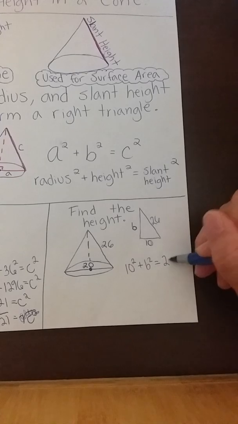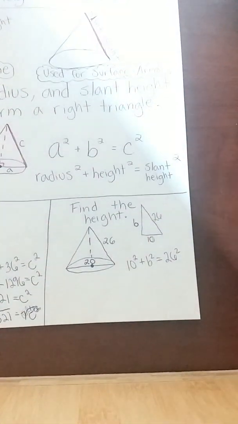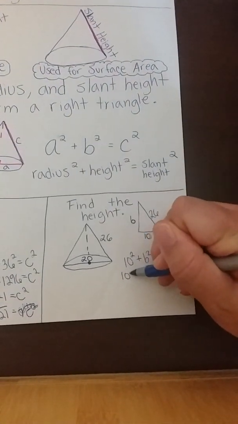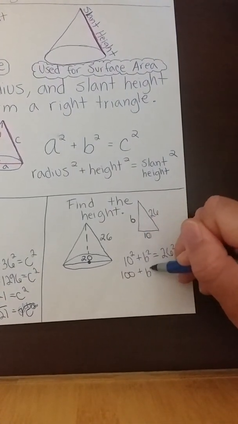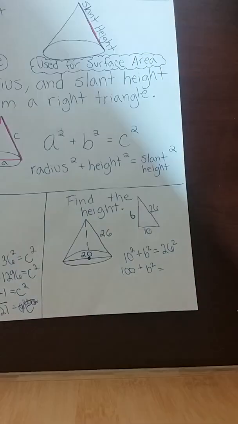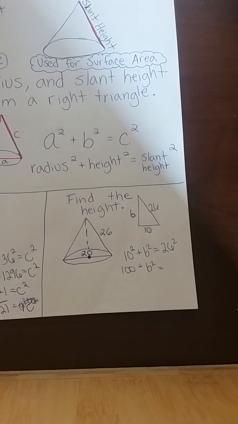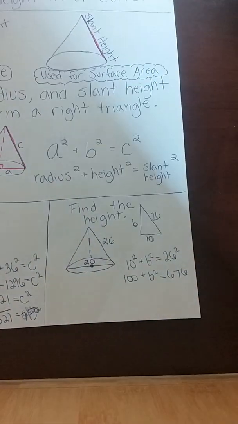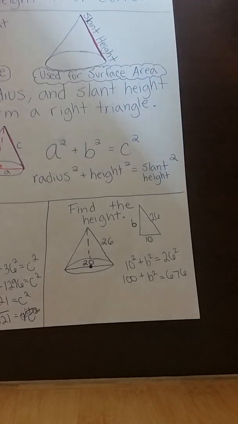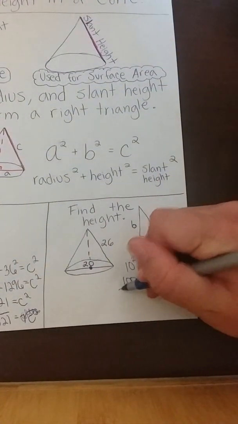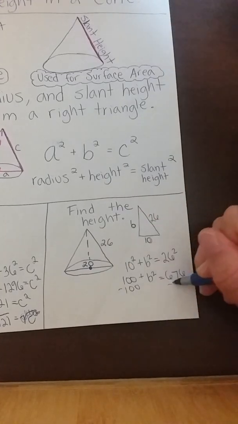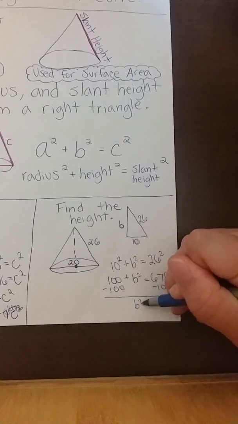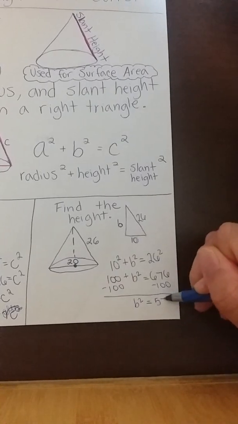The slant height is 26, 26 squared. 10 squared is 100, so I now have 100 plus b squared equals, and on the other side I do 26 squared, which gives me 676. Okay, to get b squared alone, I have to subtract 100 since it's on the same side as b squared. So now I have b squared equals 576.